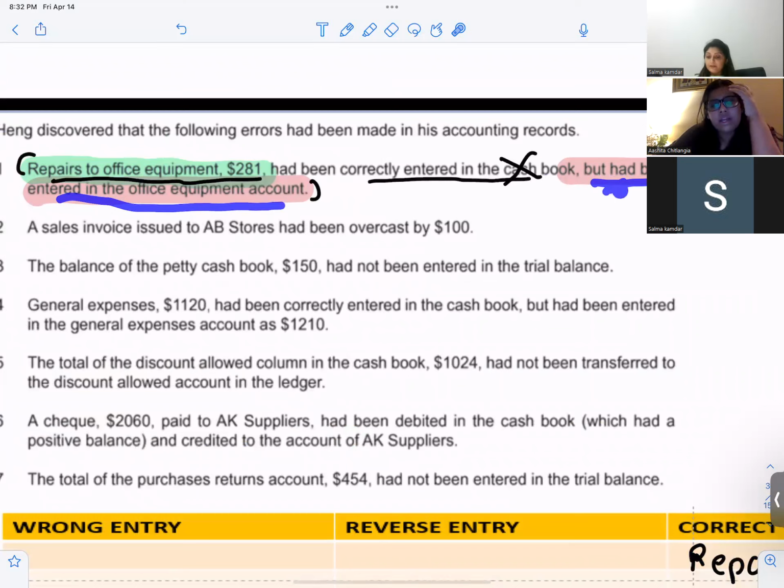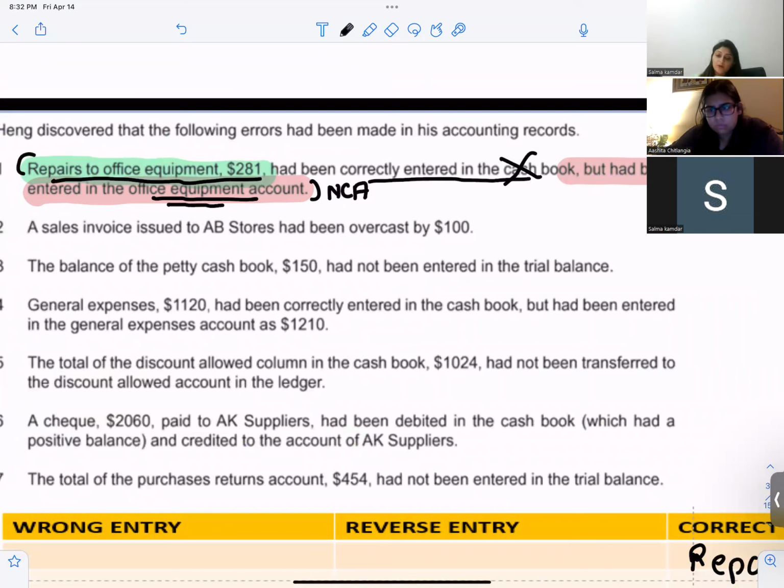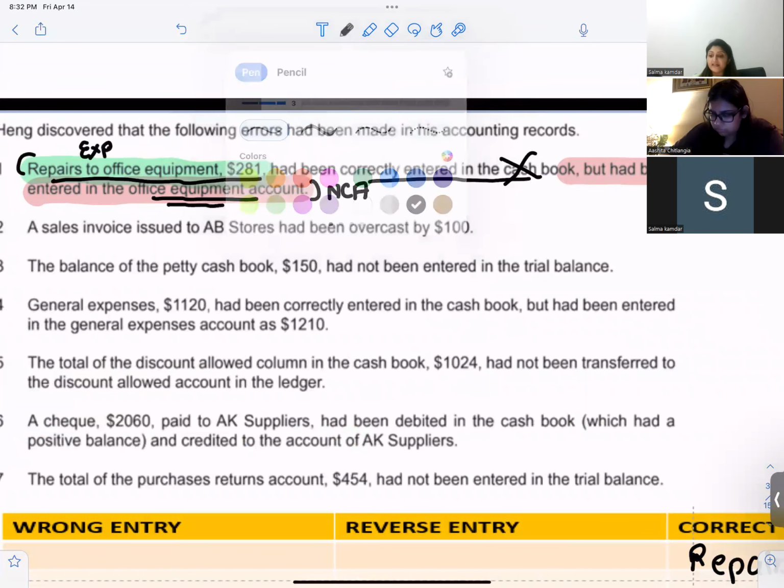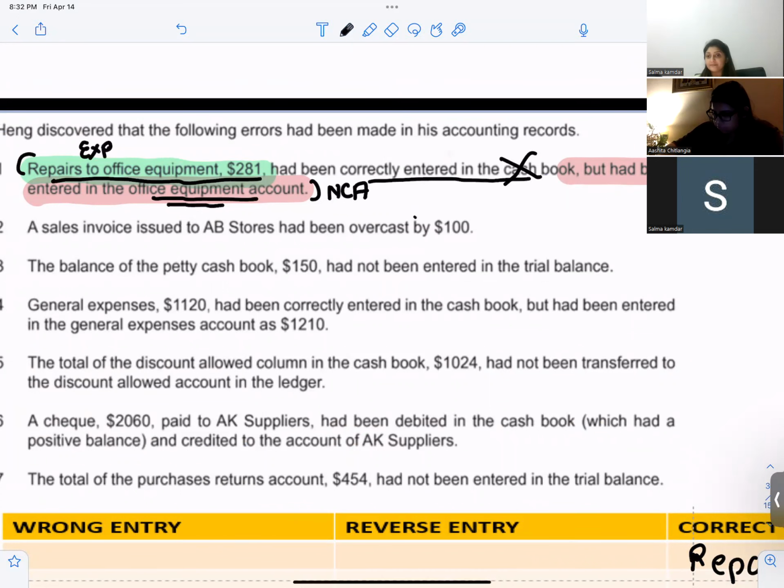It had been correctly entered in the cash book, but had been entered in the office equipment account. That means you treated it as a non-current asset. But this was an expense, and your expense you treated as a non-current asset.